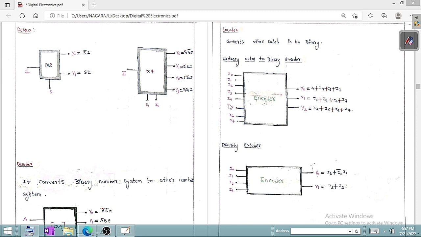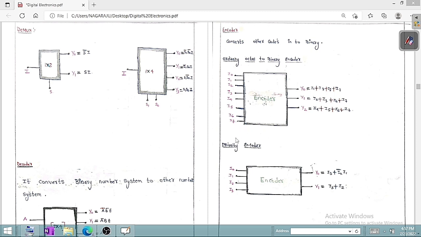But if more than one input is activated at a time, the output is not equal to the corresponding binary representation of that input. It is another output that we get, and the higher value's binary is not obtained.